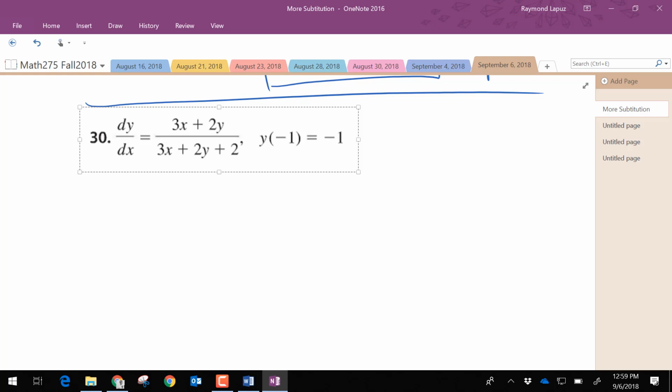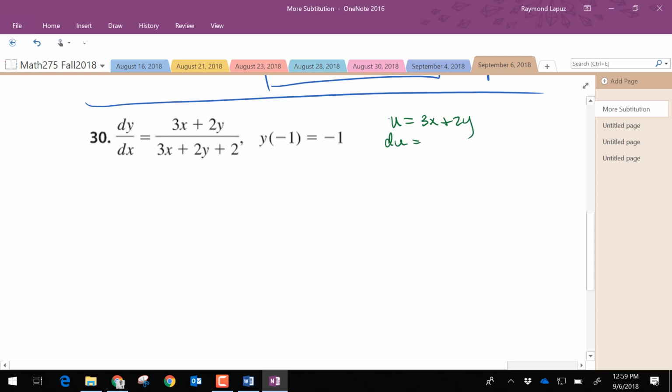u is going to be here? The top one again. And then du is going to be 3 plus 2 dy/dx.